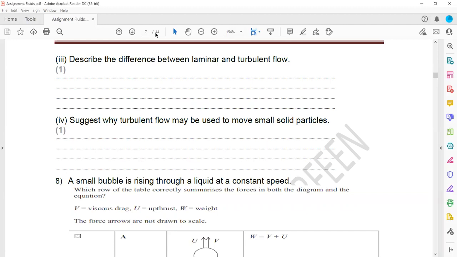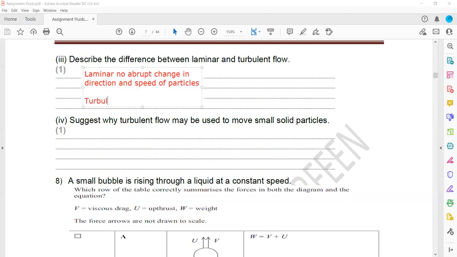So when we write the answer for laminar: no abrupt change in direction and speed of the particles, whereas turbulent: there's an abrupt change in direction and speed of the particles.